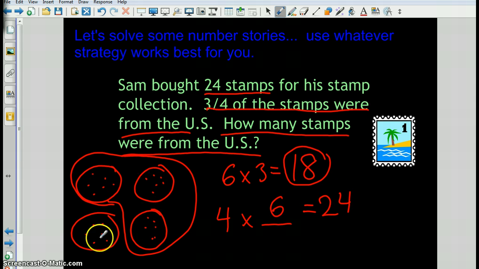So each group would have 6 dots in it. I get 3 of those groups, so 3 times 6 equals 18. Another way to do it is to think, what times 4 equals 24, and then multiply that by the number of groups, using the numerator to tell how many groups you get. Both ways, I come up with the answer of 18.